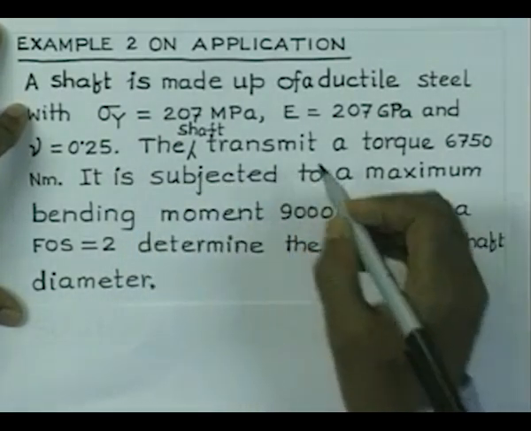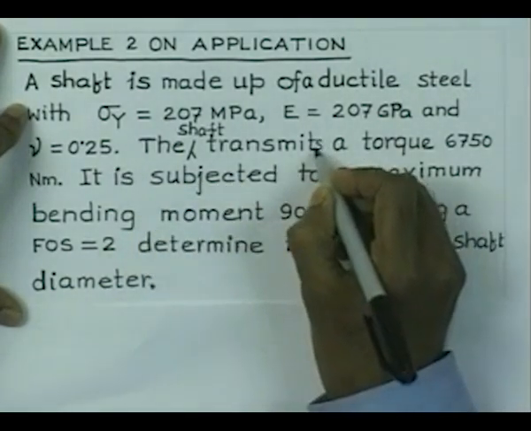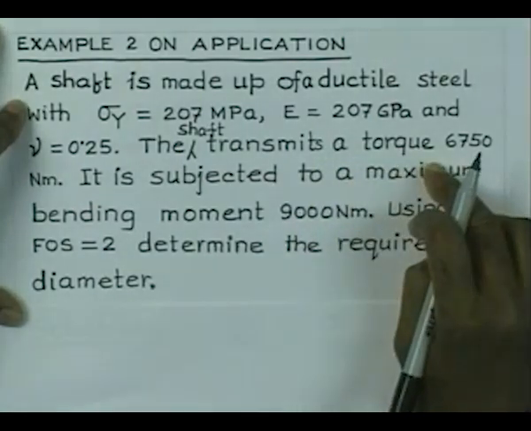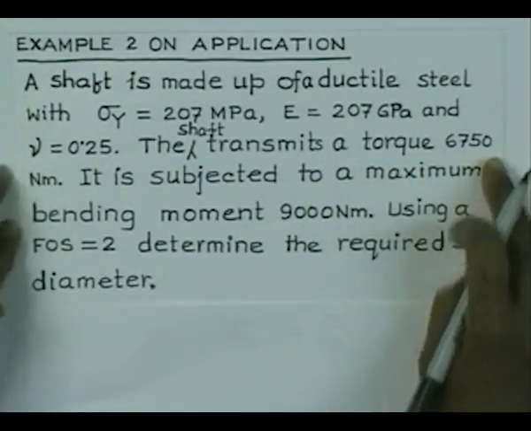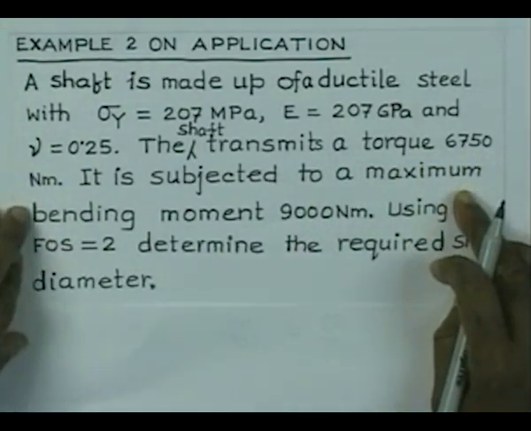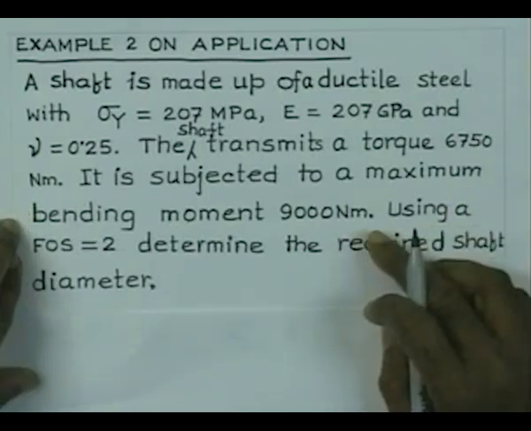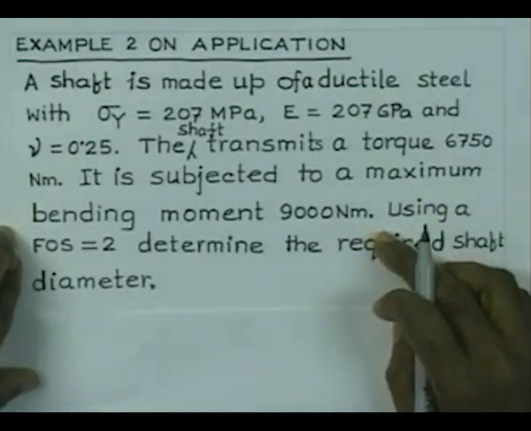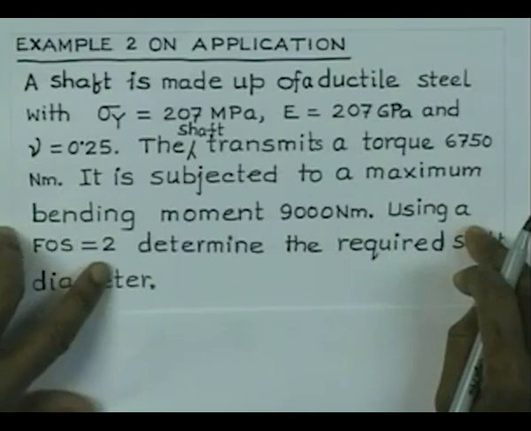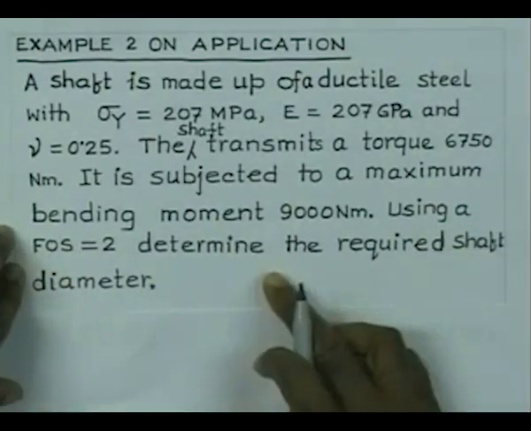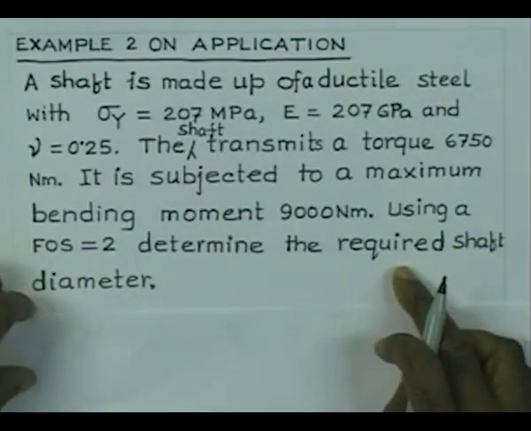The shaft transmits a torque 6750 Newton meter. It is subjected to a maximum bending moment 900 Newton meter. Using a factor of safety equal to 2, determine the required shaft diameter.